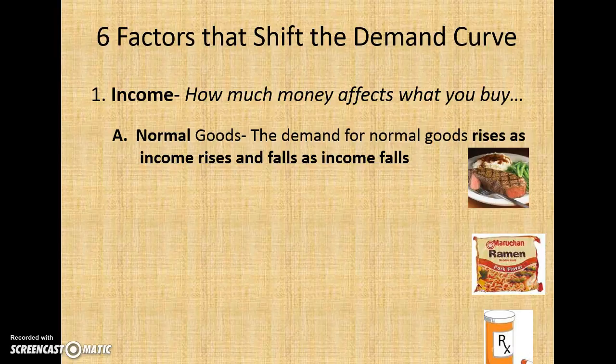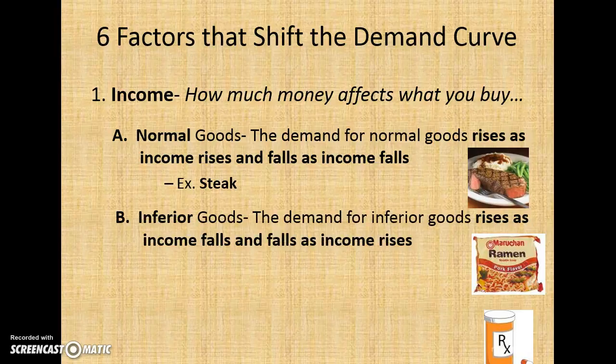The less money you make, the less of these goods you're going to buy. A good example is steak. When people have less money, they'll buy less steak because steak is a more expensive food item. When they have more money, they generally buy more steak.